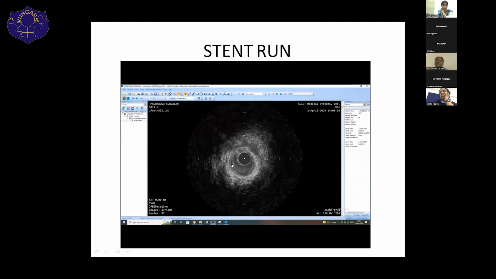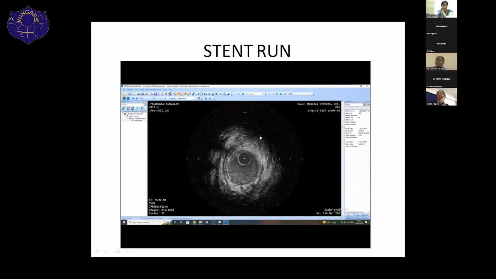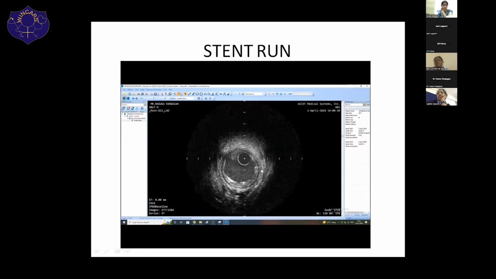After that we checked with IVUS. There was good coverage and no malapposition in the LAD, and the stent covered well. At the LCX ostium, we saw that the stent struts were protruding, hanging in the LCX ostium.